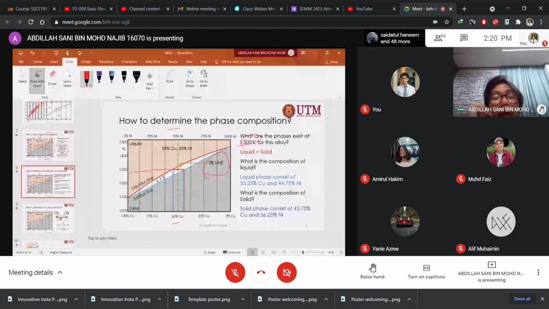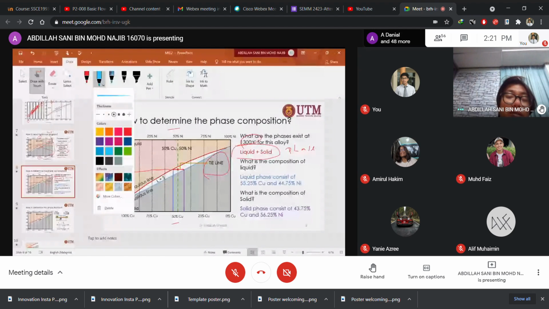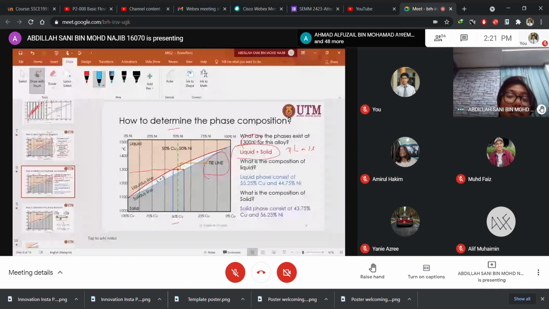Using this point, you draw a line crossing the liquidus and the solidus line like this.